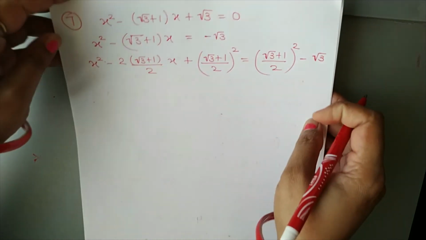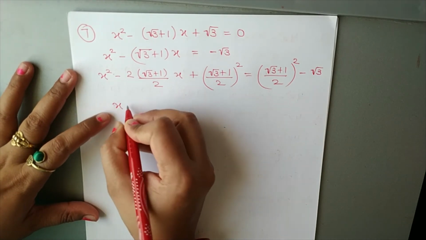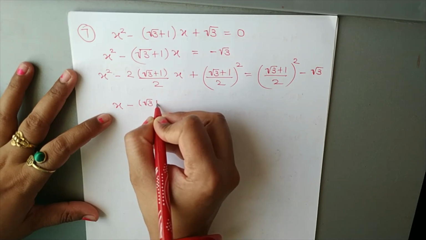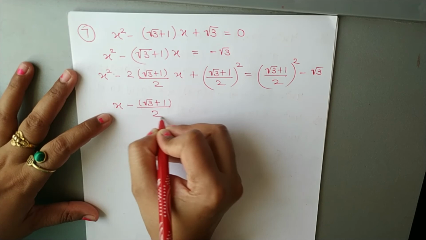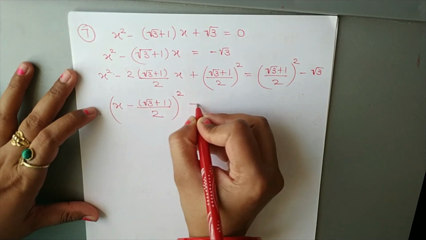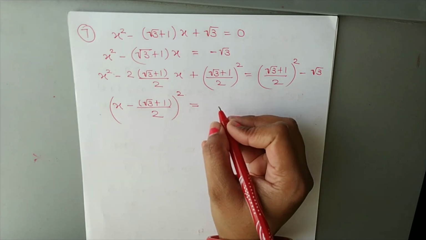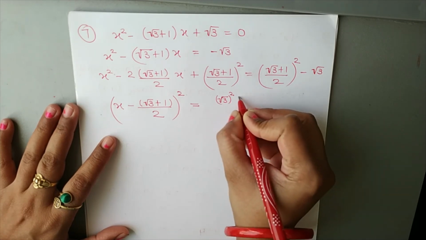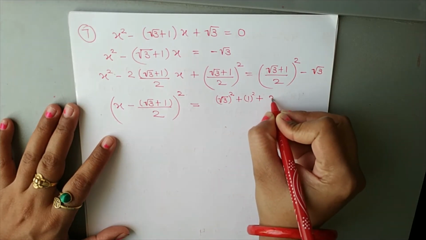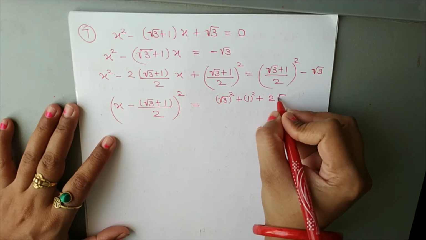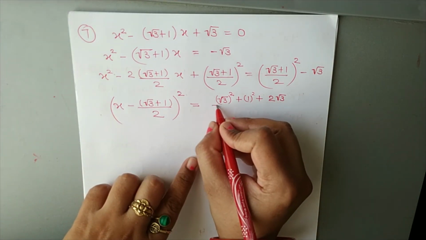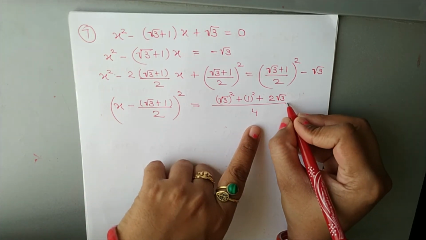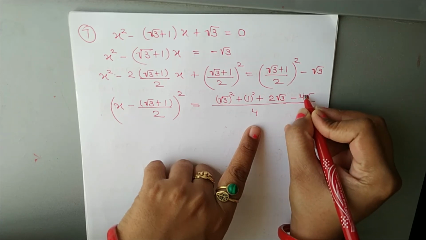So it will be (x − (√3 + 1)/2)² = ((√3)² + 1² + 2√3)/4. Taking the LCM, minus 4√3.